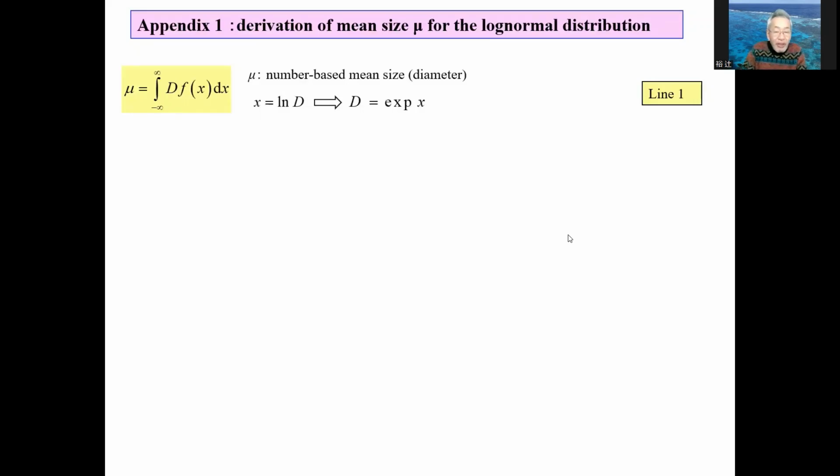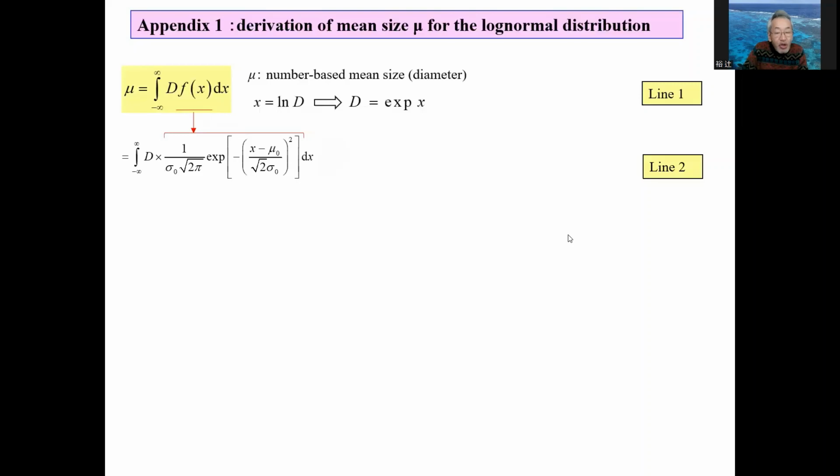Appendix 1 shows the derivation of the number-based mean size mu when particles follow the log normal distribution. The yellow frame on the first line shows the equation of the mean size expressed by the log normal distribution function. D is expressed by x, the right side of that equation.